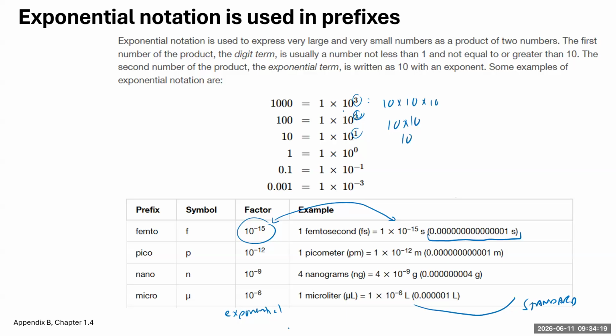Anything raised to the 0 power is going to be 1. This is 10 to the negative 1. That means 1 over 10. 10 to the negative 3 means 1 over 10, but 3 times, right? Again, we did exponents before. Check out the spreadsheet and you can go back and learn more about this, right?